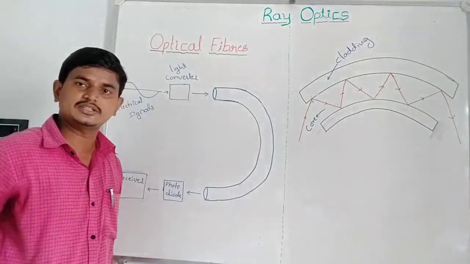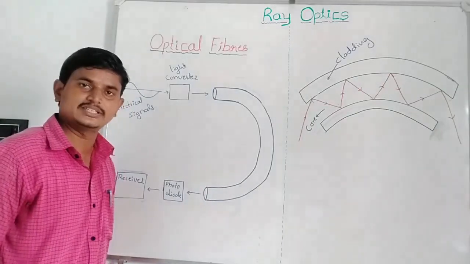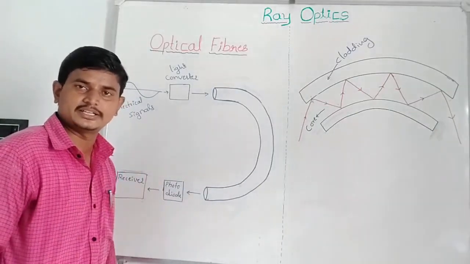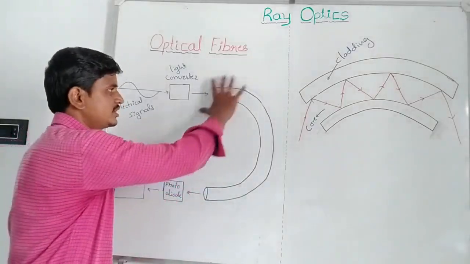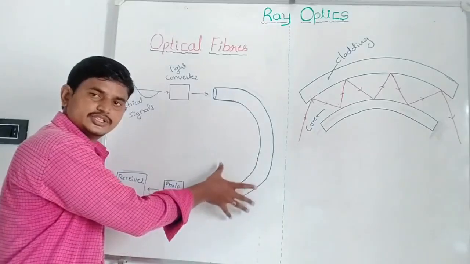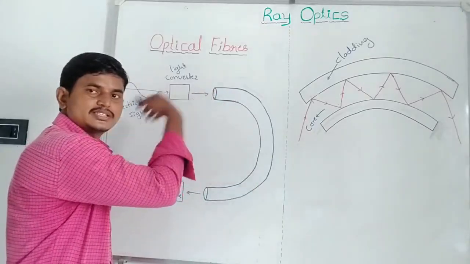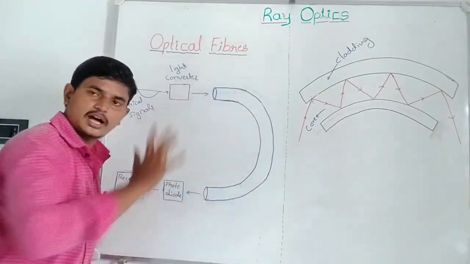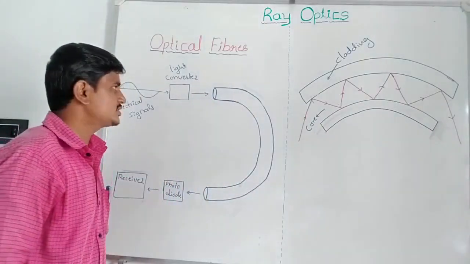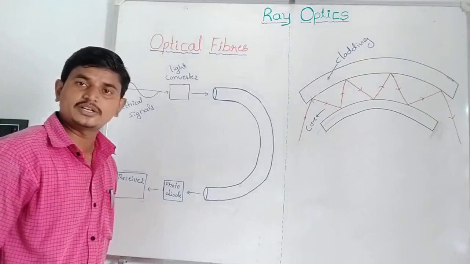The information is read by the receiver. Like this the communication process continues. So the optical fiber is mainly used to transmit information from one end to another. This is one main use of the optical fiber.